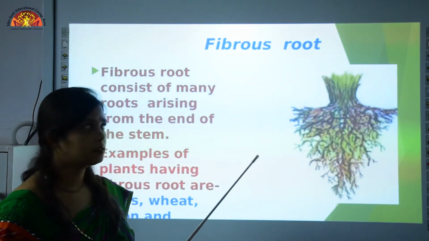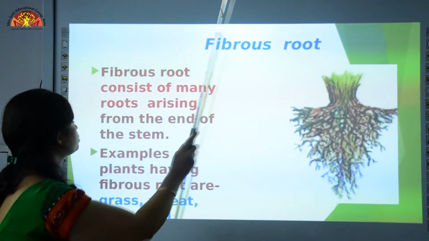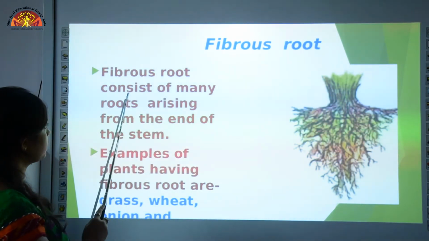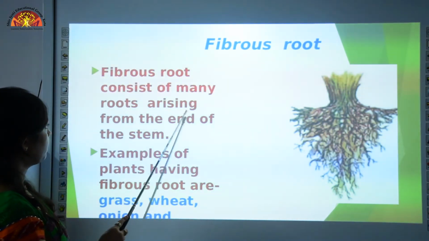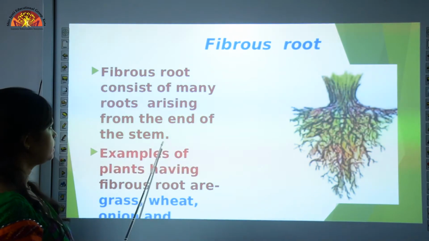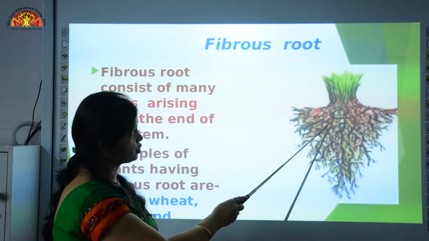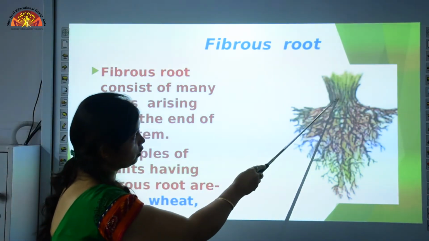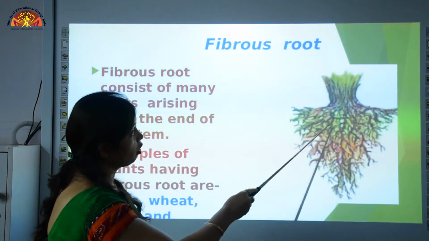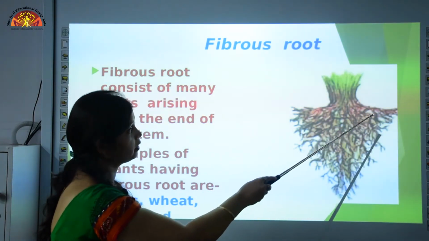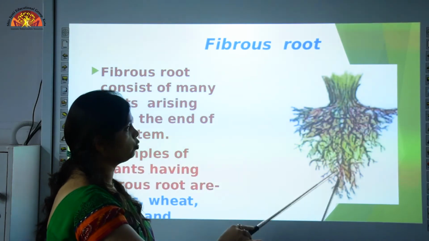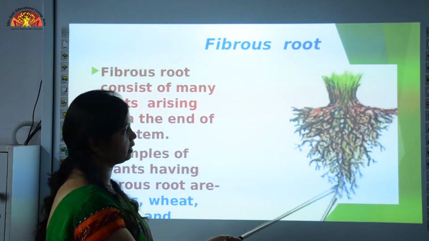Now we come to next, that is fibrous root. Fibrous roots consist of many roots arising from the end of the stem. Now as you can see in the picture here, that from the end of the stem, cluster of roots are arising here, and there is no main root or a thick main root is there.